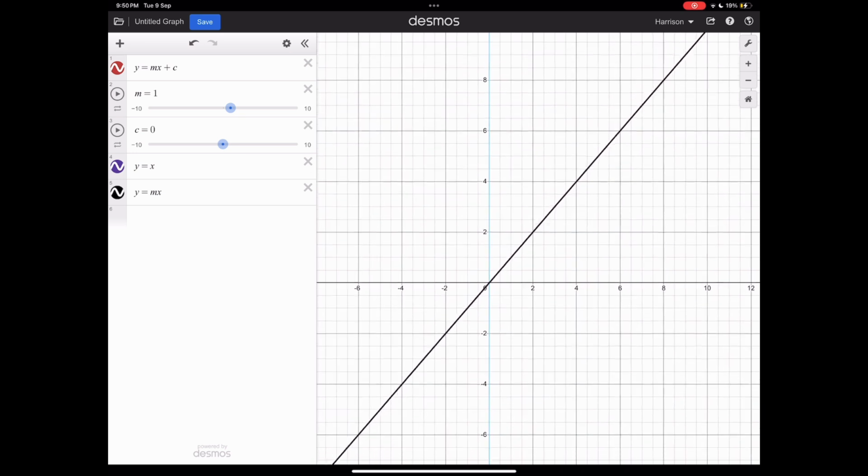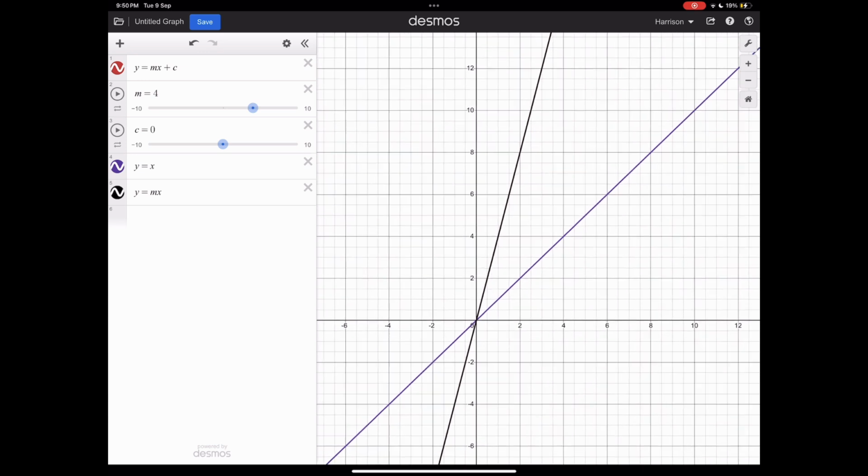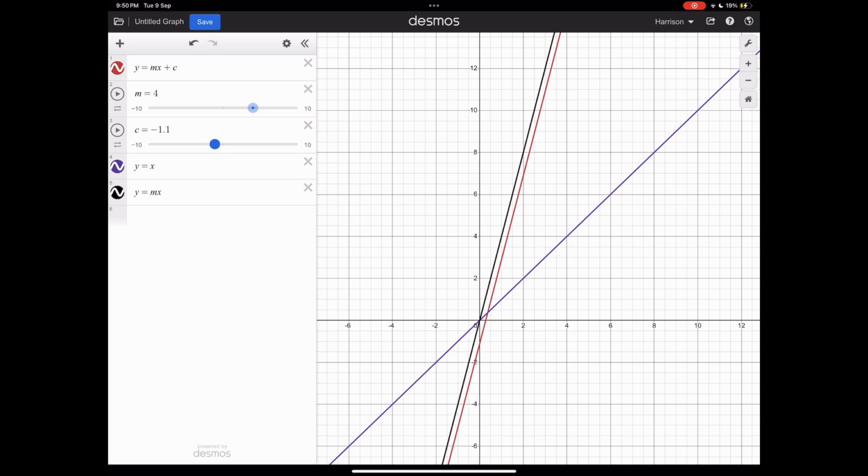And if we just reset this to normal, and I adjust m on here, we can see it is becoming steeper. And then, if you also remember from transformations of functions, adding a constant to the end of a function shifts it up and down.